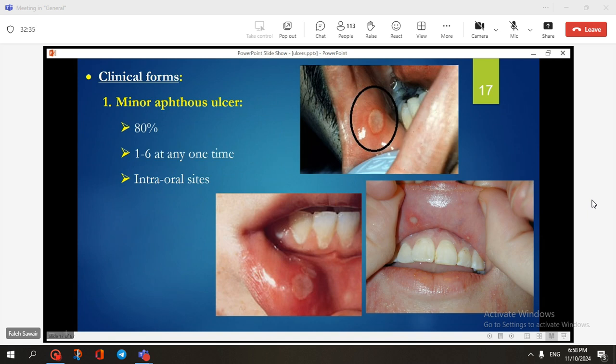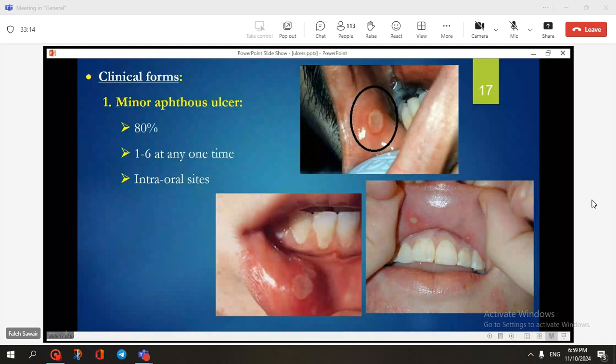We have 3 forms of aphthous ulcers: minor, major, and herpetiform. You have to read about these 3 types. The most common type, which represents 80% of the cases, is the minor aphthous ulcer. Minor because of the symptoms and because of the size of the ulcer, less than 1 centimeter, and the duration is usually 1 week, 10 days, and then there will be healing.